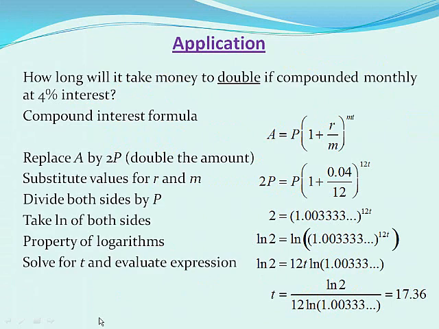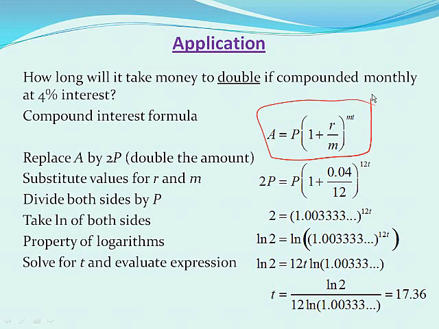Application. How long will it take money to double if compounded monthly at 4% interest? So here we have the compound interest formula, A equal to P multiplied with 1 plus r over m to the power mt. Replace A by 2P, which is doubling the amount.